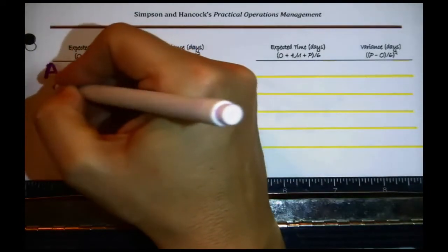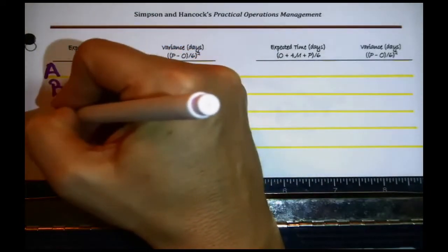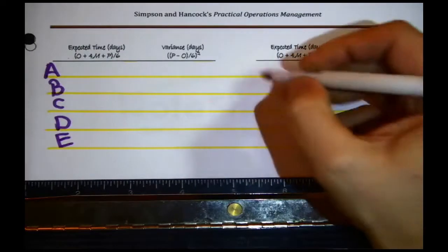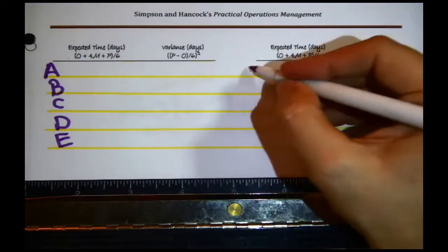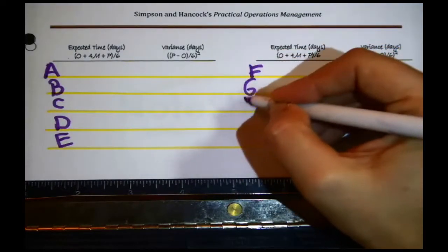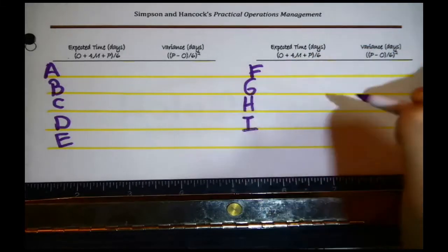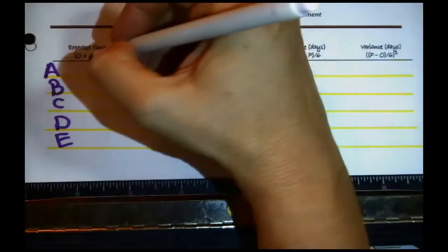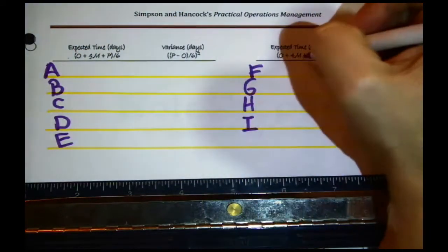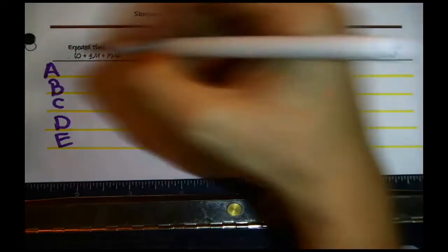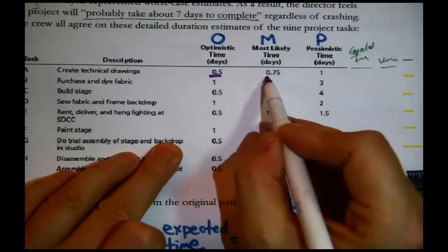Because this is where the name of the task goes: A, B, C, D, E, F, G, H, and I. It goes up to I, right? Yeah. Okay. Great, and the formulas are already provided again on the next page. I just need to fill them out for each one of the tasks.